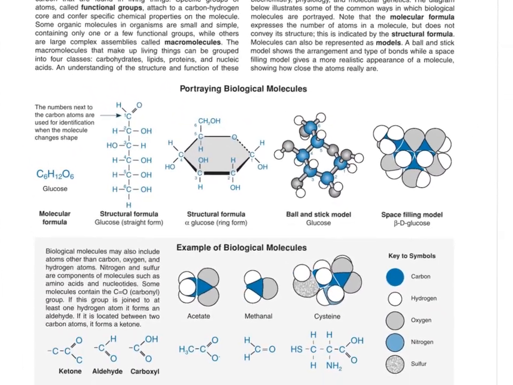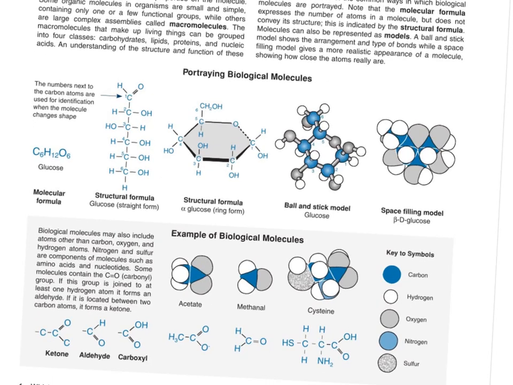All right, portraying biological molecules. How do we show what biomolecules are? We've talked about the idea that these lines represent bonds, showing electrons. So if we have glucose, C6H12O6, you'll notice the ratio is 1 to 2 to 1. For every 1 carbon, there's 1 oxygen.